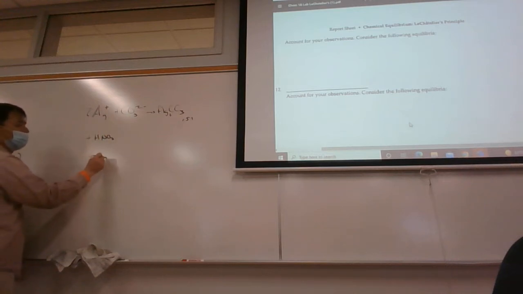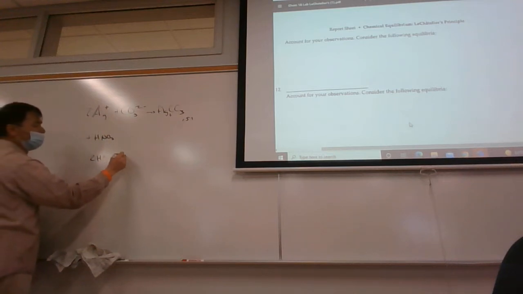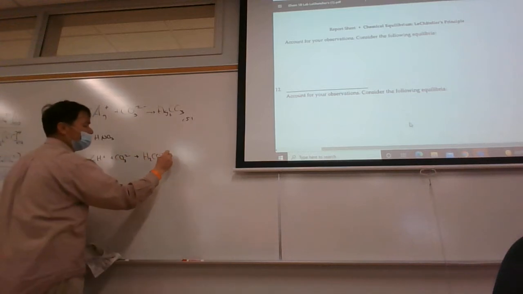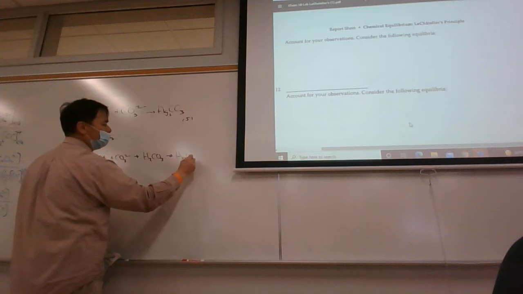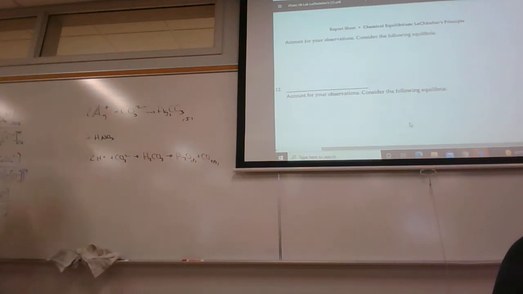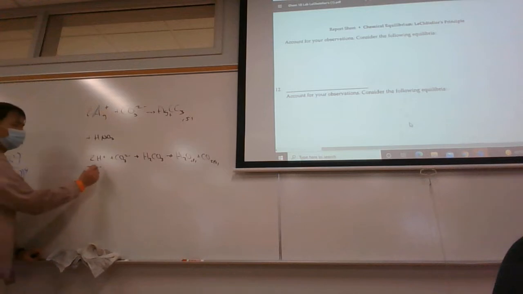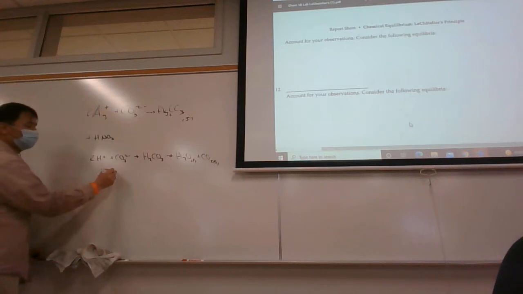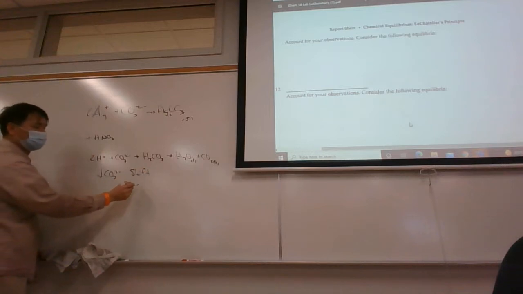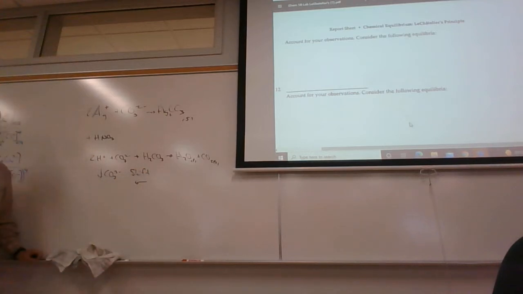And so if we take 2H plus and carbonate, what we're going to form is carbonic acid, H2CO3, which decomposes into H2O liquid plus CO2 gas. So pretty much we're just going to destroy the carbonate or consume the carbonate with acid. And if we decrease the carbonate, it's going to shift which direction? Left. Shift left, yeah. And so that should dissolve the precipitate.